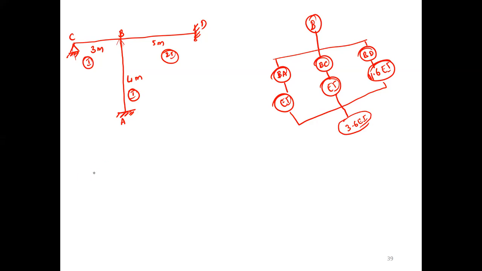Okay. Now, sir, the BD member 8/5 is 2.66. How? One second. 8/5. Oh no, sir. 1.6 only. Now 1/3.6.